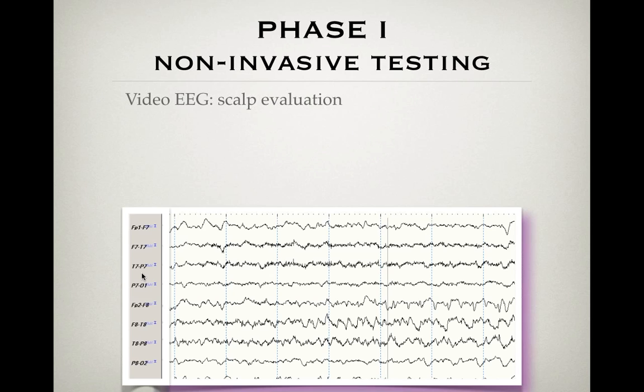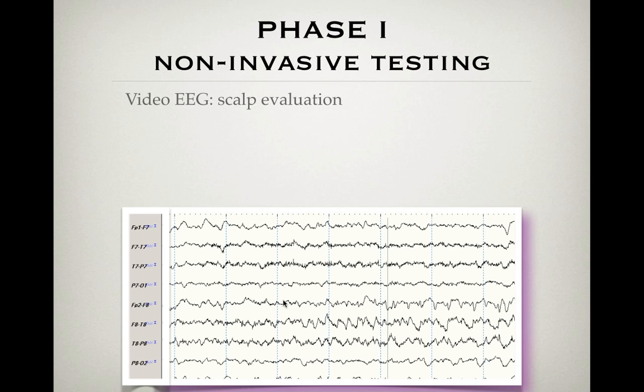We start with phase 1, and it's non-invasive testing, meaning that you're not going to inject, or go into the body necessarily for this type of testing. You start with an EEG, and down here is just a depiction of this. These top 4 lines are the left temporal lobe, and you're seeing all this different activity.